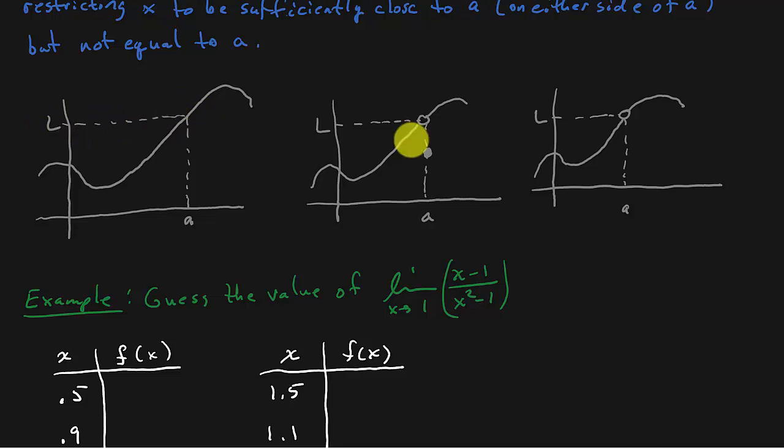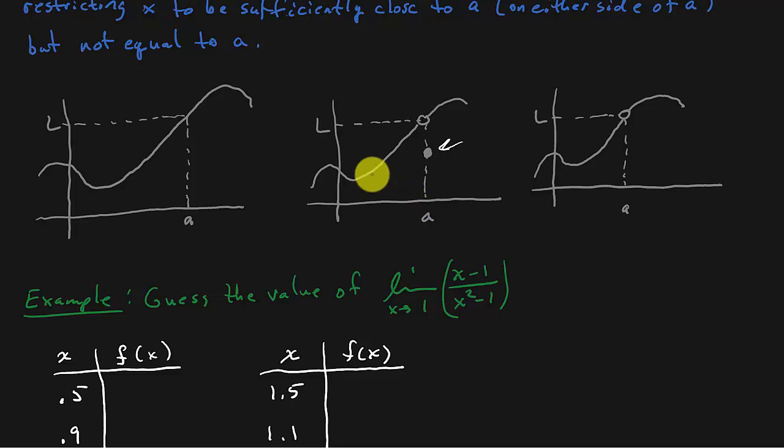And then here are two other ones. In this first graph, the function is actually defined at a. But in these next two examples, this is the y value at a.